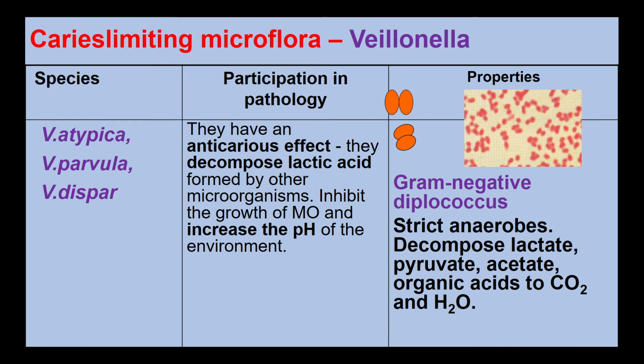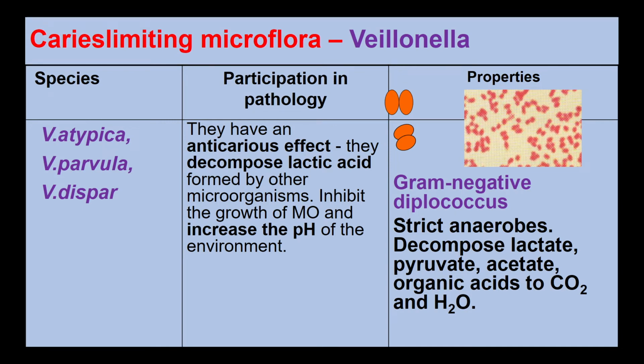But as I said, the formation of plaque or biofilm on the surface of the teeth is a dynamic process, and in a healthy oral cavity, this plaque contains not only cariogenic bacteria but also caries-limiting microflora. The most famous caries-limiting microflora is Veillonella.